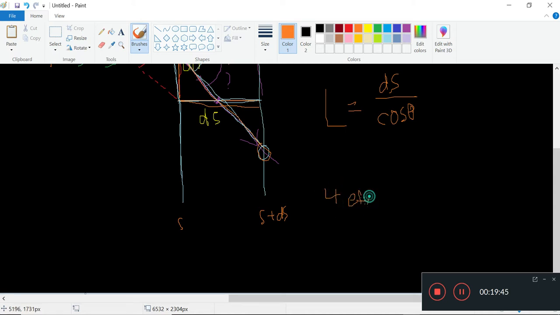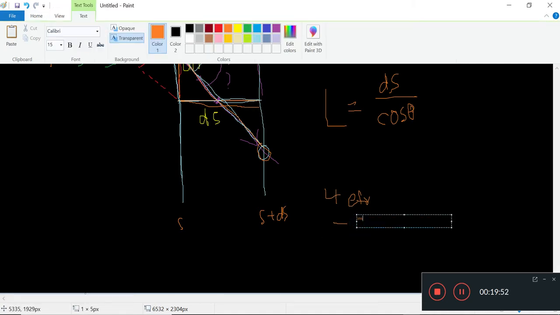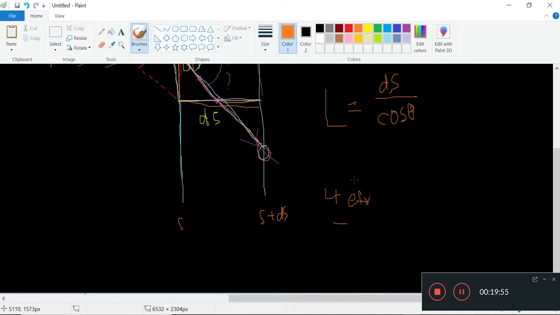The effects: scattering. Let me type it in. I'll use this, it's much better.